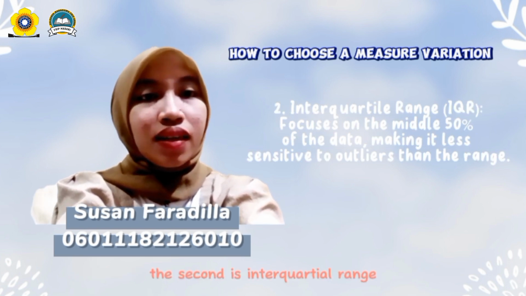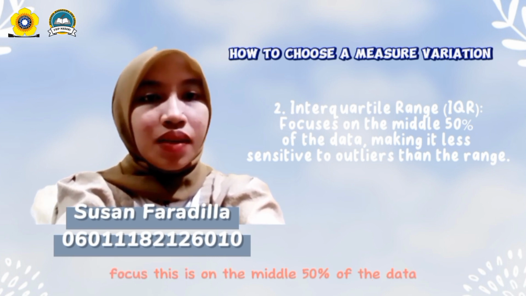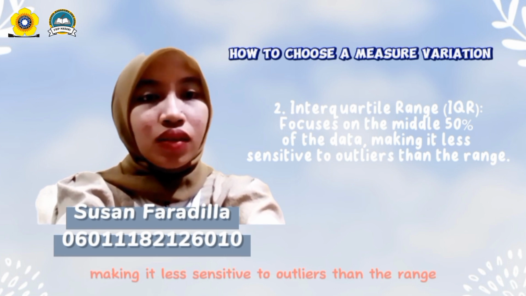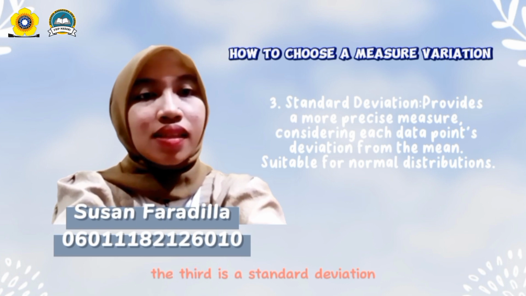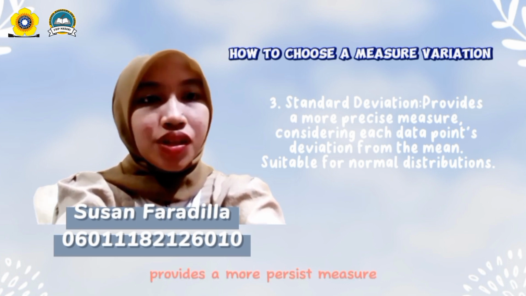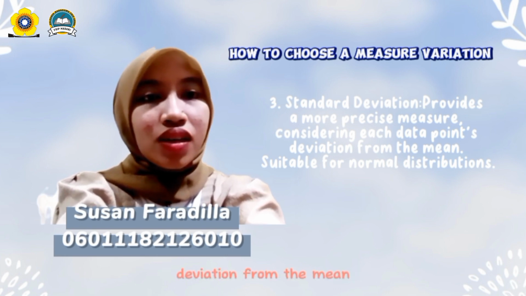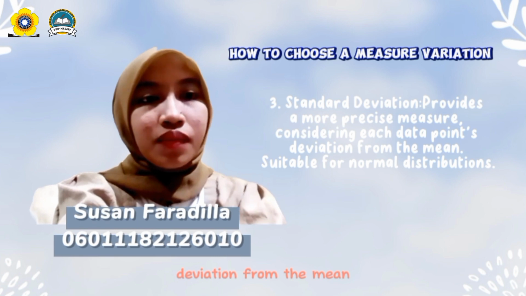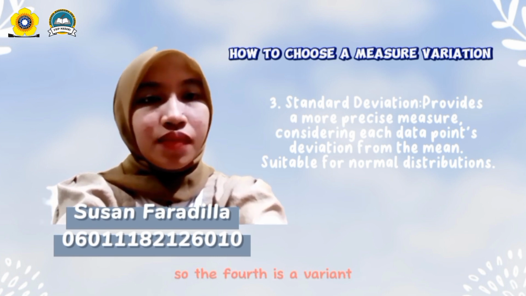The second is the interquartile range, which focuses on the middle 50% of the data, making it less sensitive to outliers than the range. The third is the standard deviation, which provides a more precise measure considering each data point's deviation from the mean, suitable for normal distributions.